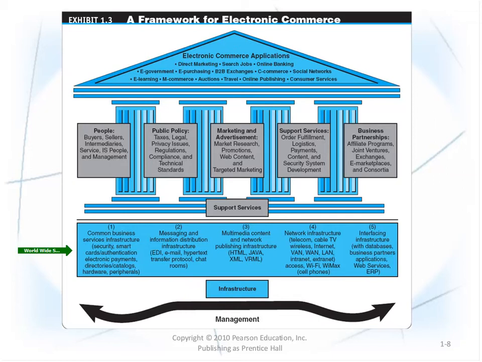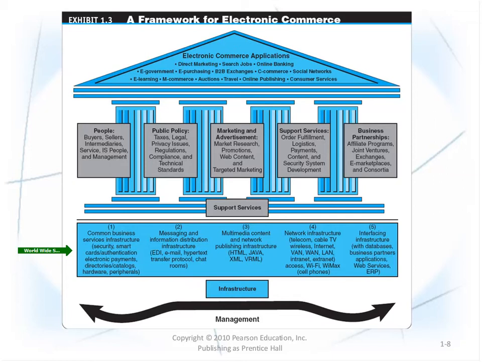You can see here in this blue box the infrastructure. It is divided into five parts. You can consider this as the infrastructure that you need for running your online business. Number 1 mentions common business service infrastructure like security, smart cards, authentication, electronic payment methods, and different hardware.